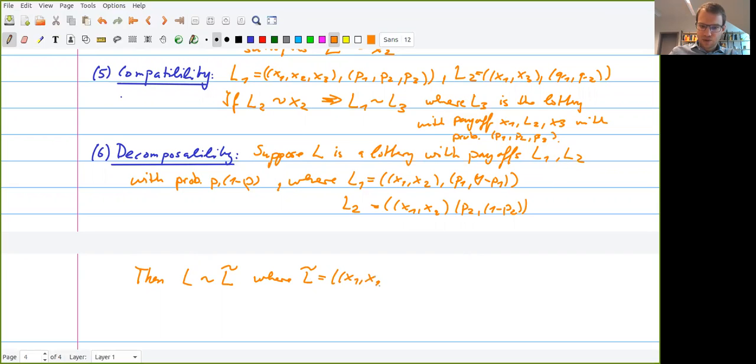So it's a payoff, it gives you a payoff X1 and X2, now with the probability in the way you would expect it, namely, you have to combine the probabilities of each of the lotteries to get the new ones.